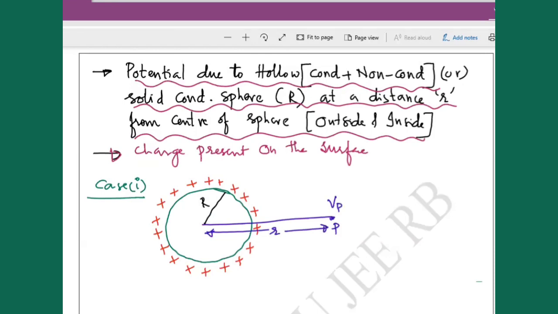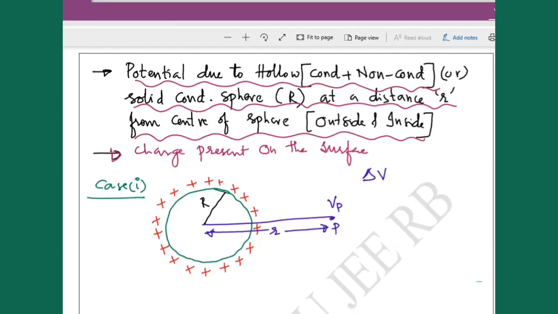Now, to calculate potential at that particular point, what is the process? How to calculate potential? What is the definition of potential? Work done to bring a charge from infinity to the given point.